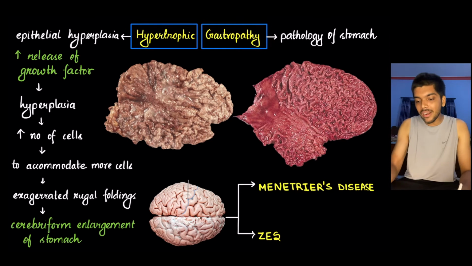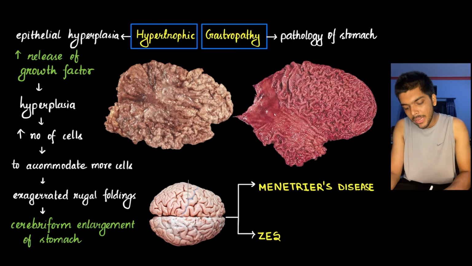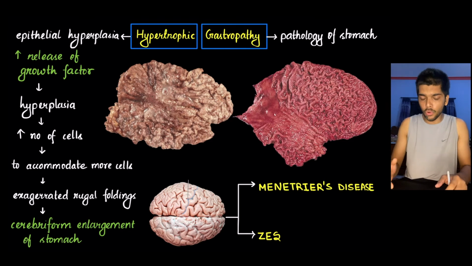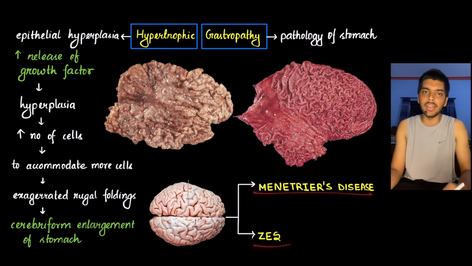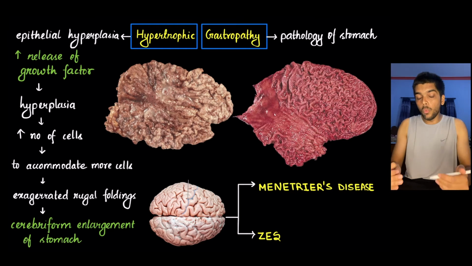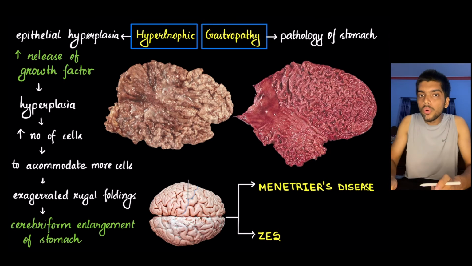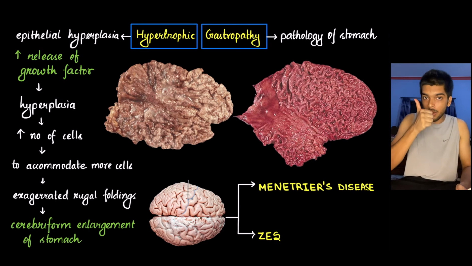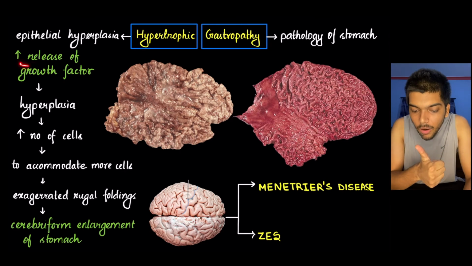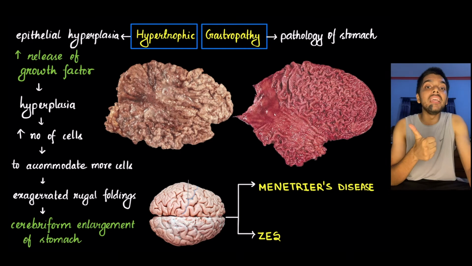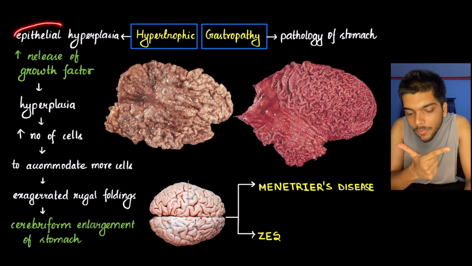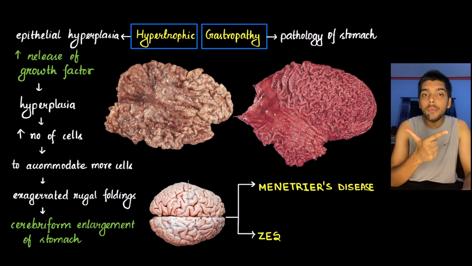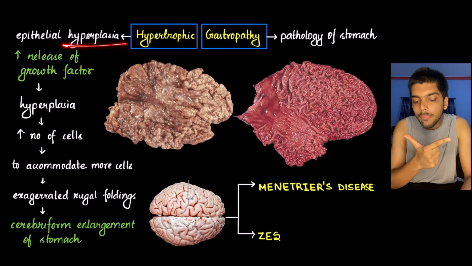All right. Under hypertrophic gastropathy, we have many diseases, but among those, the important ones are Menetrier disease and Zollinger-Ellison syndrome. Now, what distinguishes between the two are two things. Number one, increase of what leads to epithelial hyperplasia. Number two, what type of epithelial cell within epithelial mucosa of stomach shows hyperplasia.